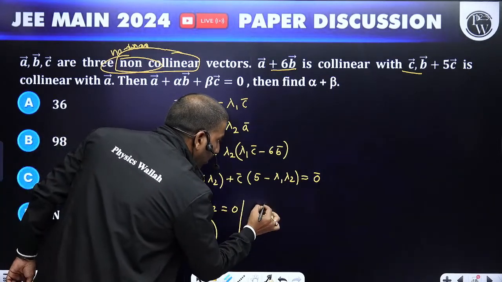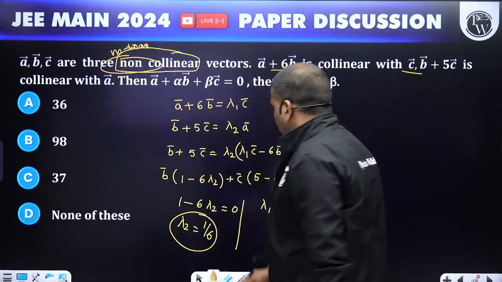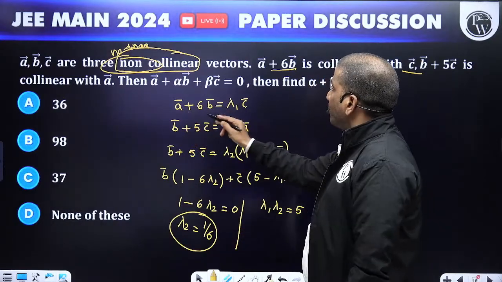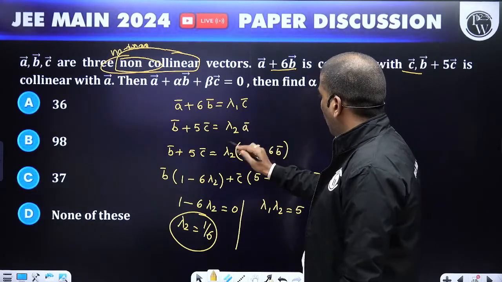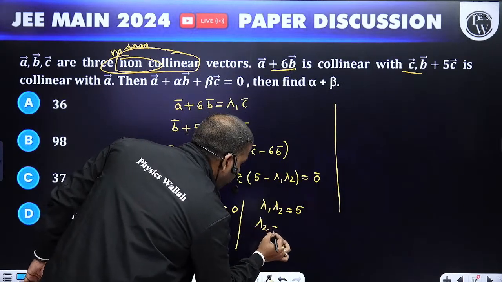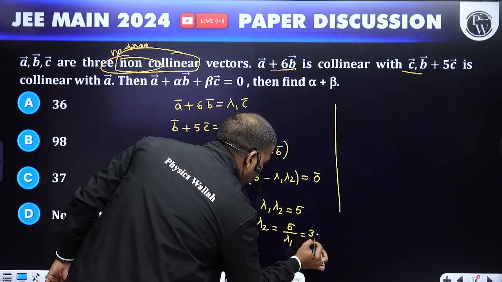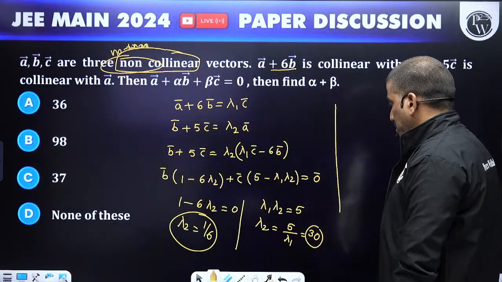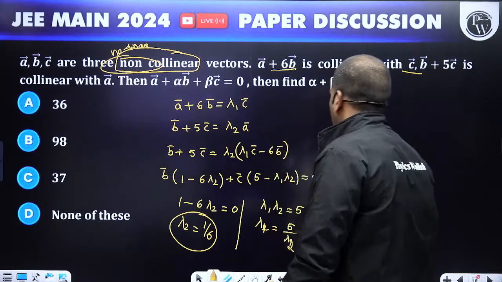So coming to this part, lambda 1 lambda 2 is equal to 5. So we can calculate. Lambda 2 we got, but we want lambda 1. So lambda 2 is equal to 5 by lambda 1, so that means lambda 1 is 30.